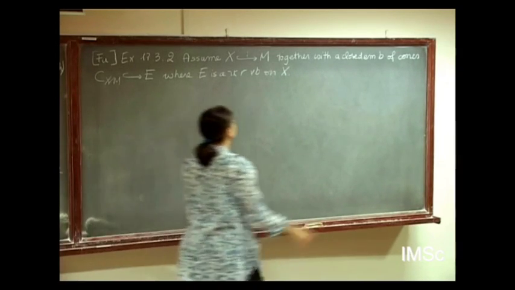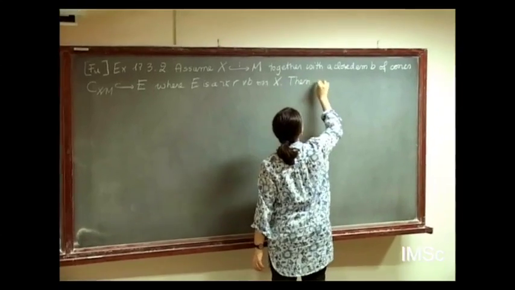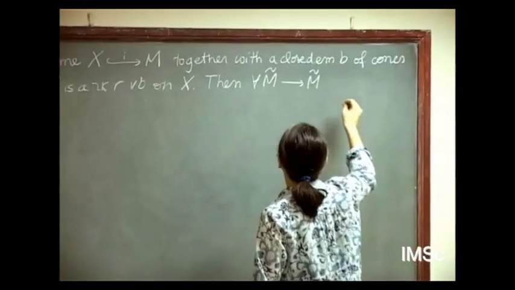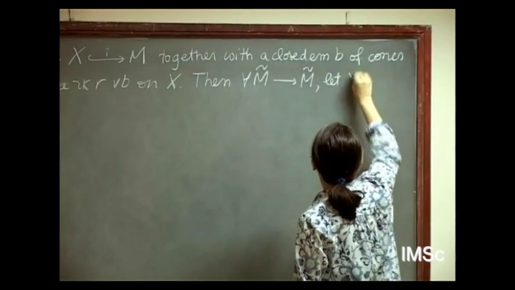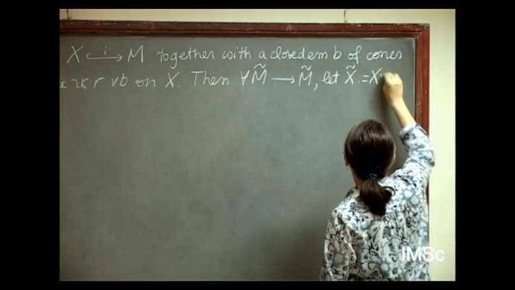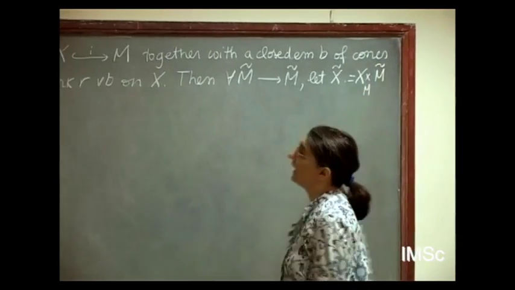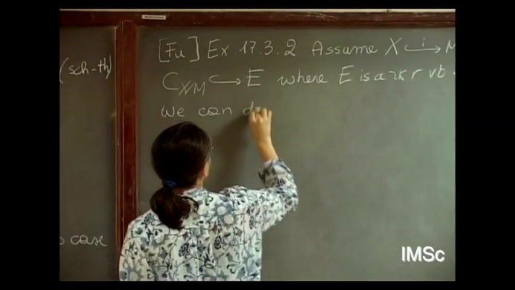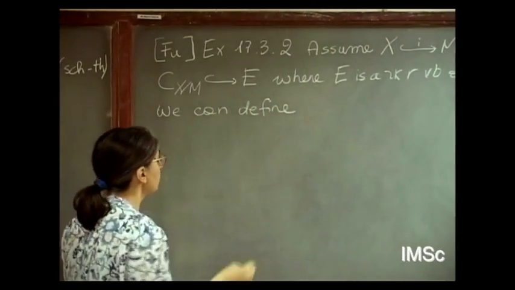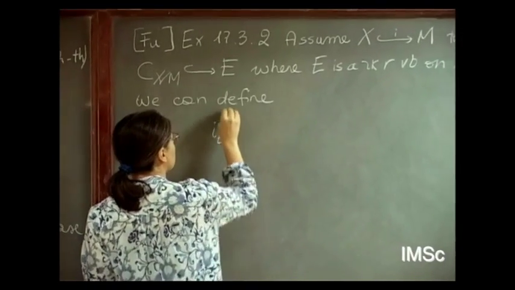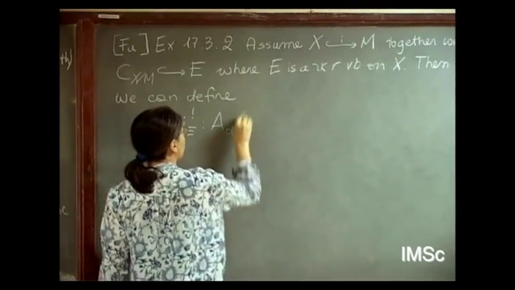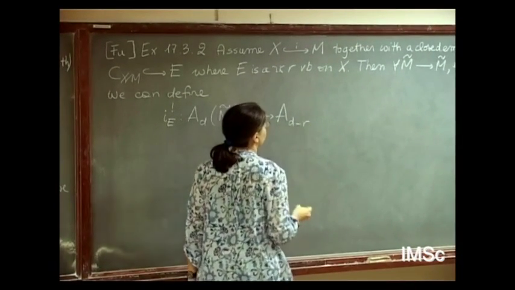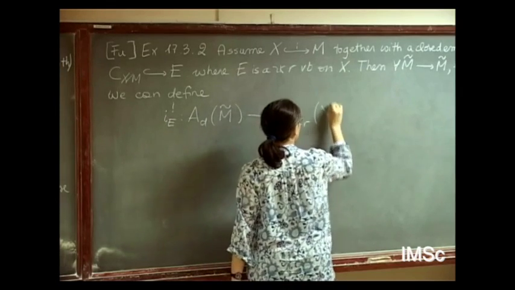Then, for any base change, any morphism M twiddle to M, we denote by X twiddle the fiber product as usual, and we can define a morphism which equals IE upper shriek from AD of M twiddle to AD minus R of X twiddle.